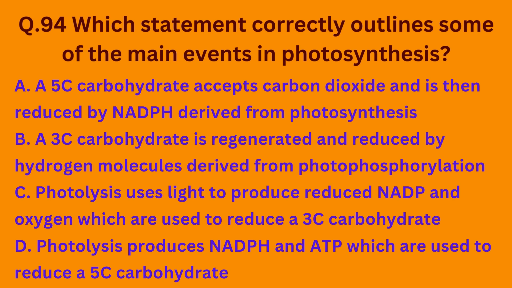Option C, photolysis uses light to produce reduced NADP and oxygen, which are used to reduce a 3 carbon carbohydrate. Option D, photolysis produces NADPH and ATP, which are used to reduce a 5 carbon carbohydrate.